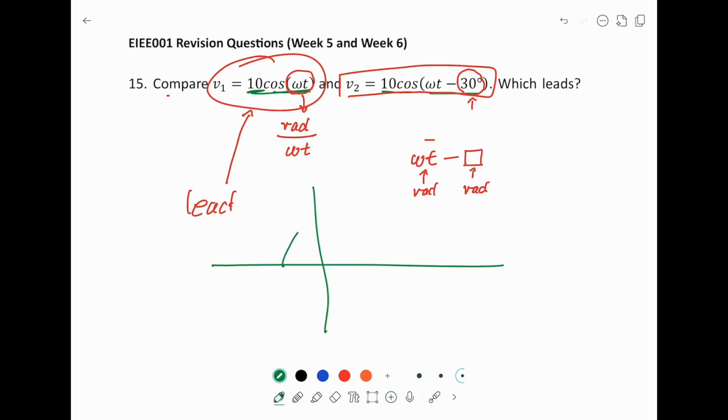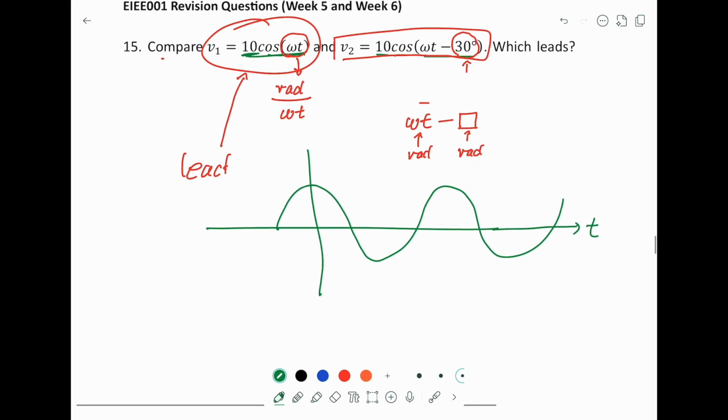So in terms of plot, we can sketch this. V1 is a cosine function like this. Now this is time t, but we can still think of it as an angle: this is 2 pi, or 360 degrees. So thinking in angle, we shift another function to the right-hand side.